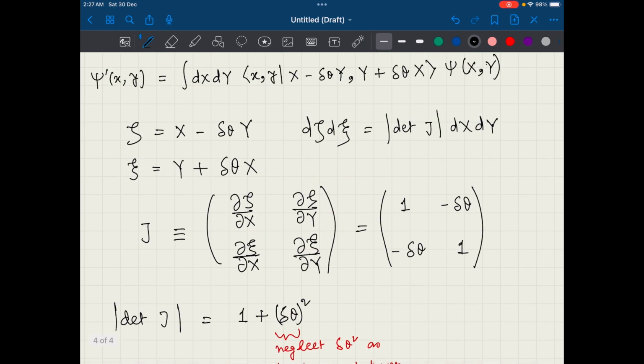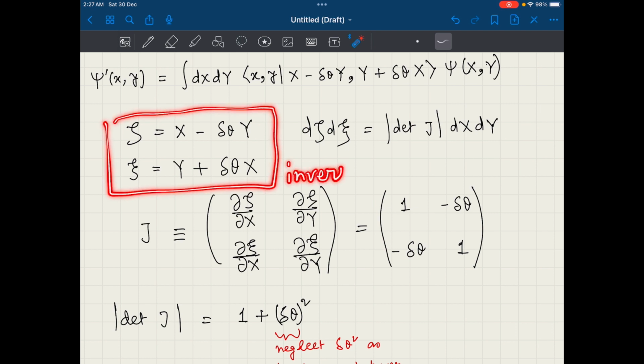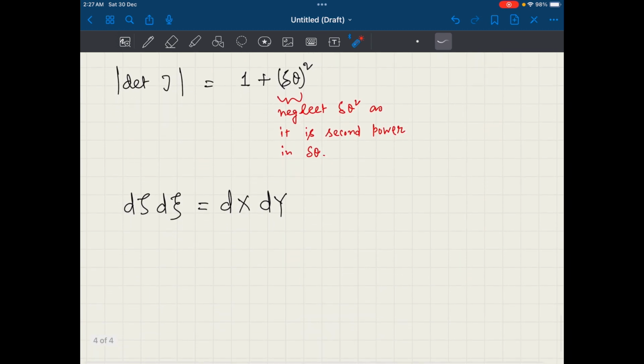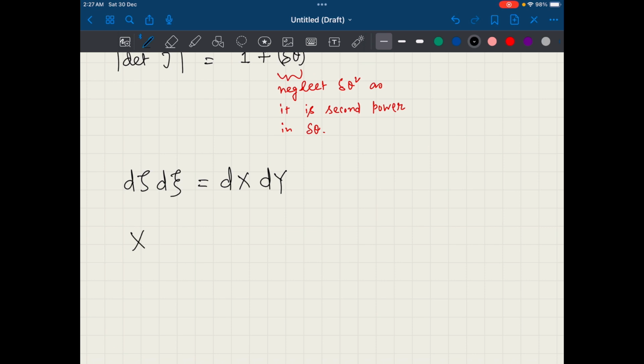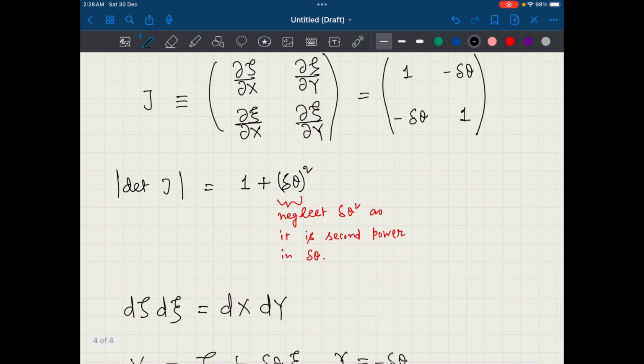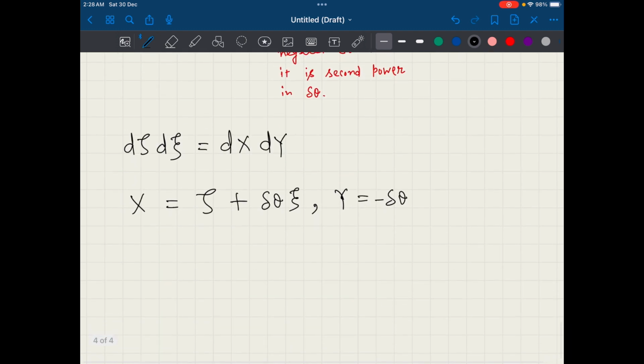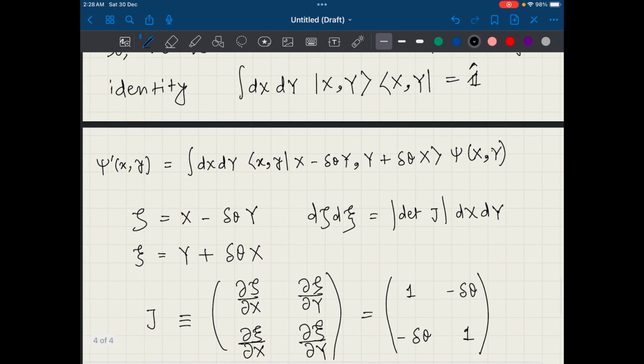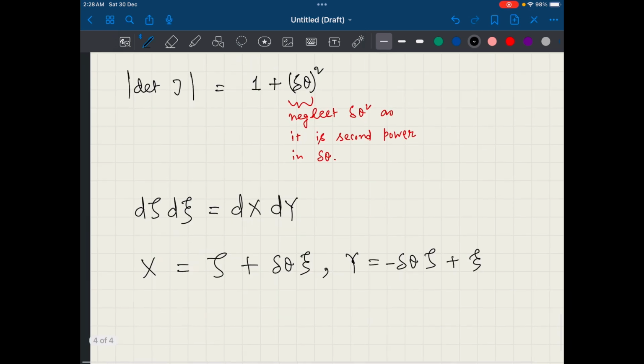Now if we invert this equation, then we get X is zeta plus delta theta xi and Y is minus delta theta zeta plus xi. Okay, so let's put it there.